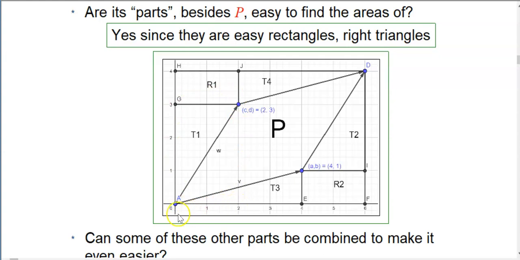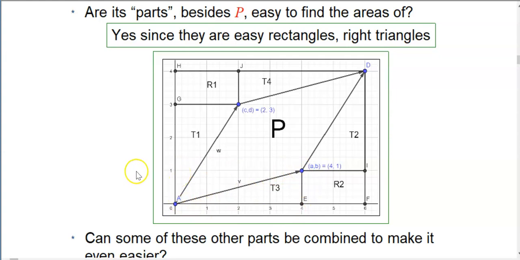See if you can figure out in general, or just for these numbers, but I'm looking for in general, in terms of A, B, C, and D, what the area of that rectangle is. Which of those 4 letters is giving the height, which is giving the width. And then the last thing is going to be the T3 plus T4 combination. If you slide T4 down, it's going to be a rectangle just like this. What are the sides of that rectangle?